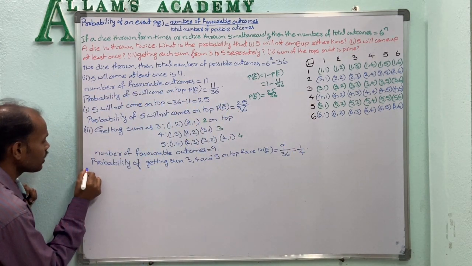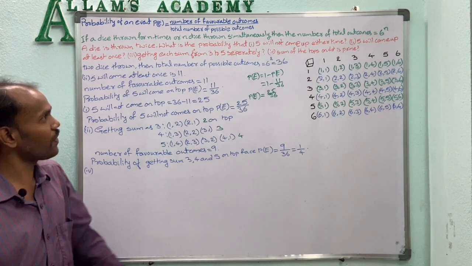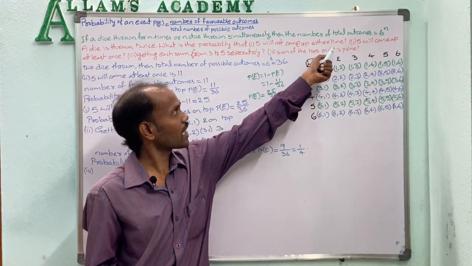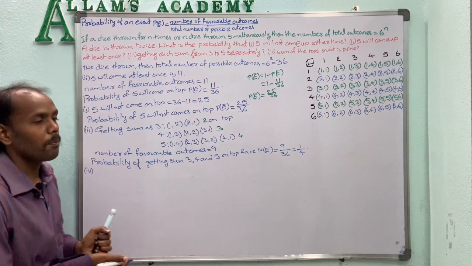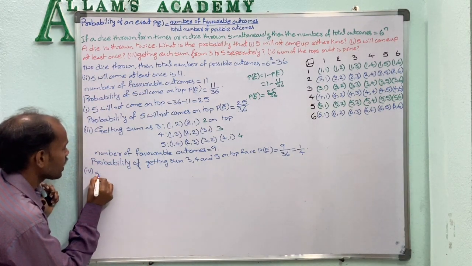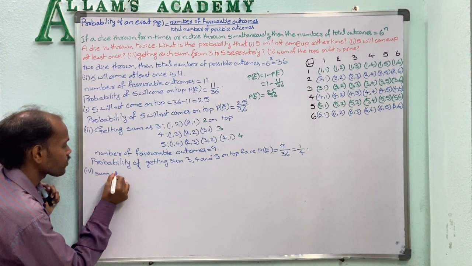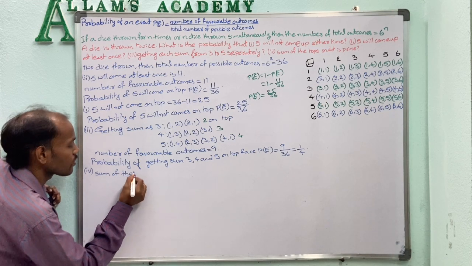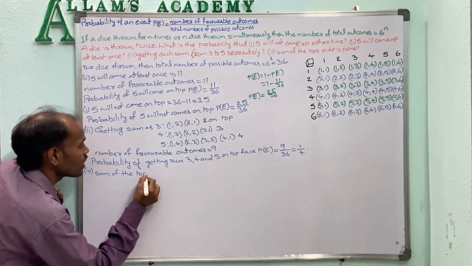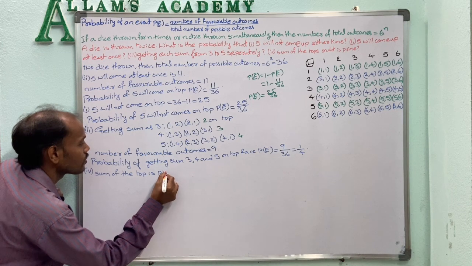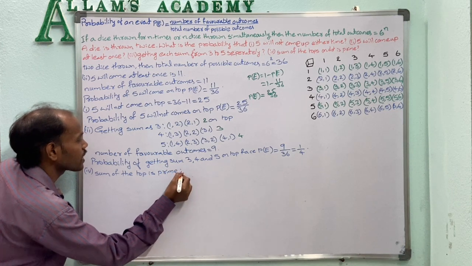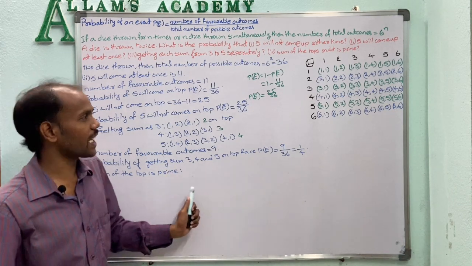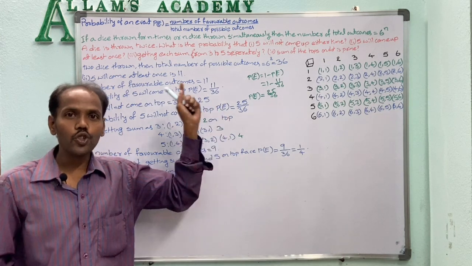Next, the fourth one is given: sum of the tops is prime. Here sum of the tops gives numbers from 2 to 12.